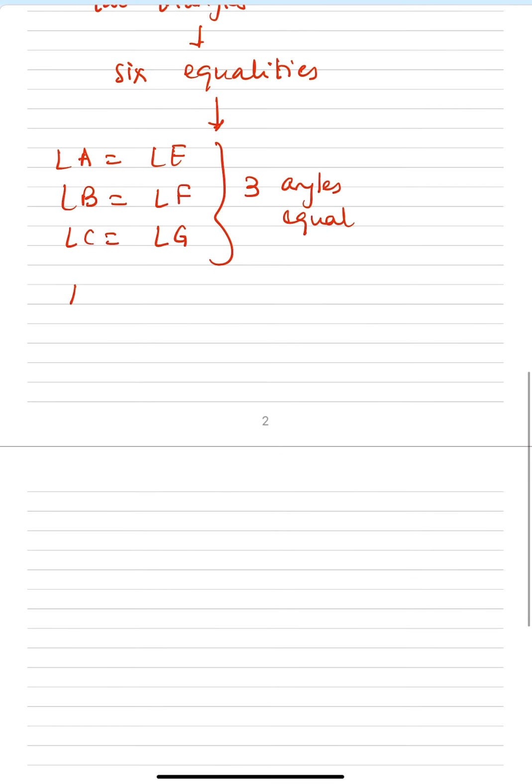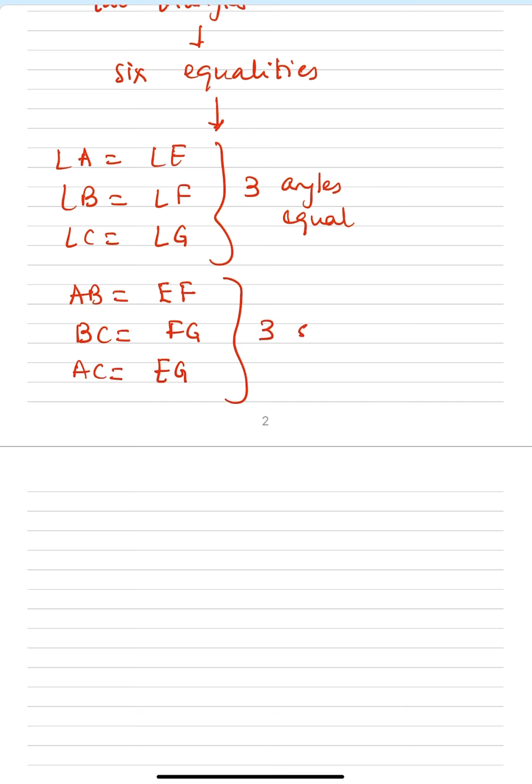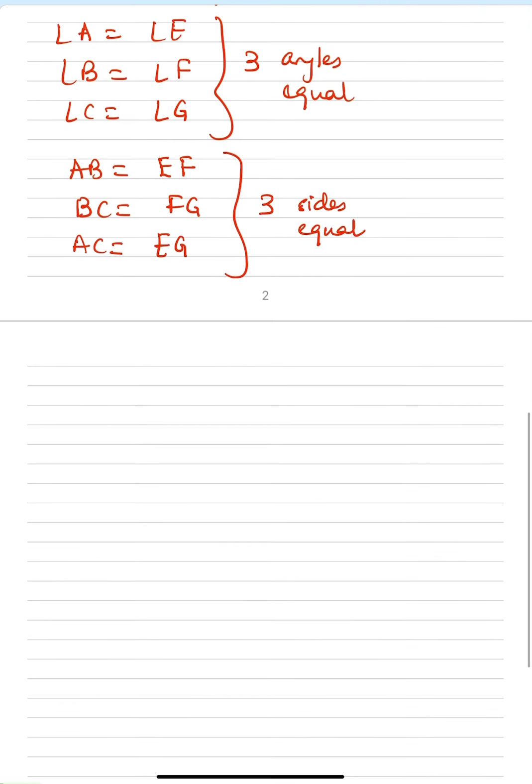And AB is equal to EF, BC is equal to FG, and AC is equal to EG. These are the 3 sides which are equal. So these 6 equalities are there, the correspondence is there, and so we can say both the triangles are congruent.